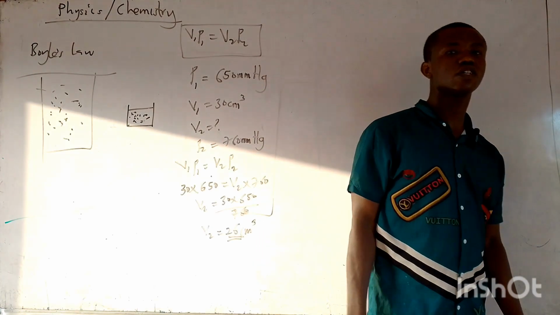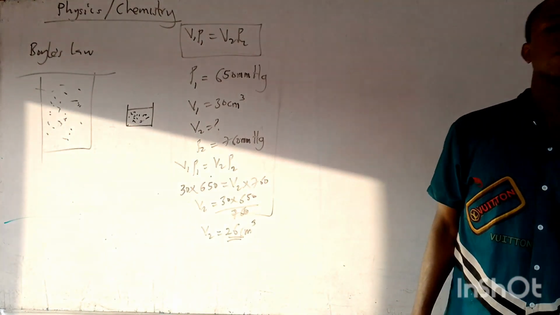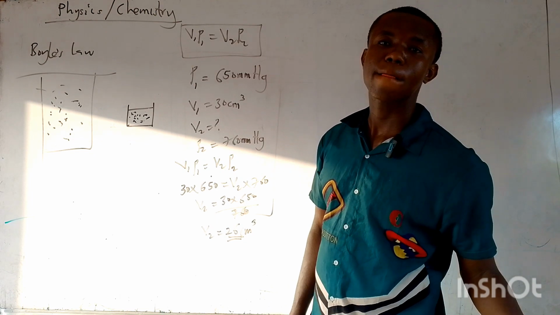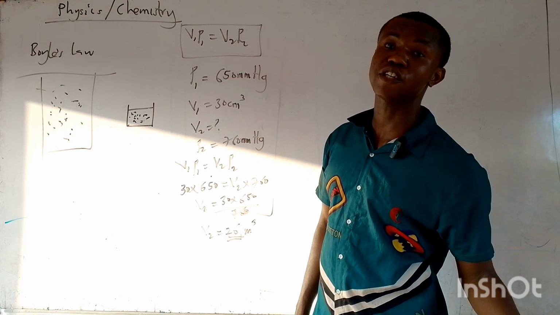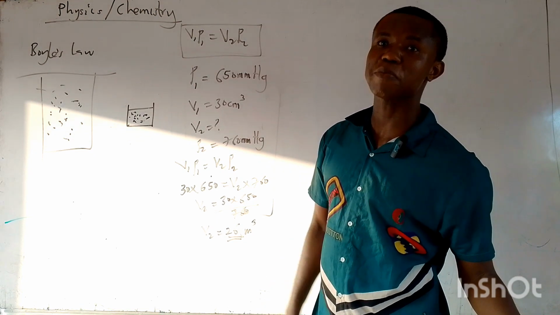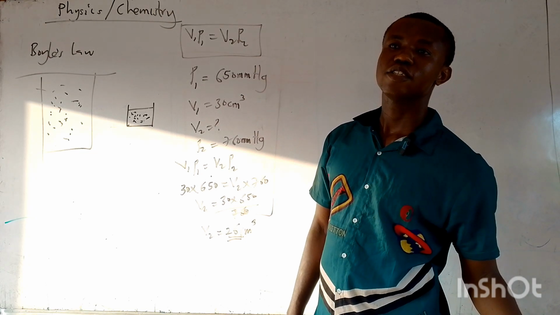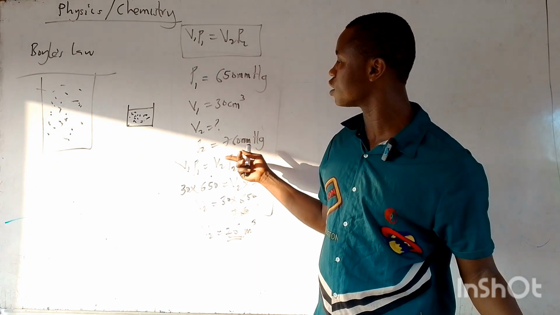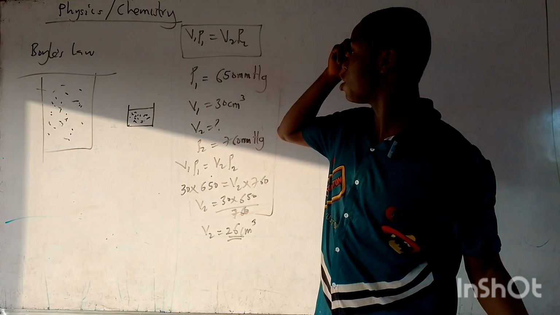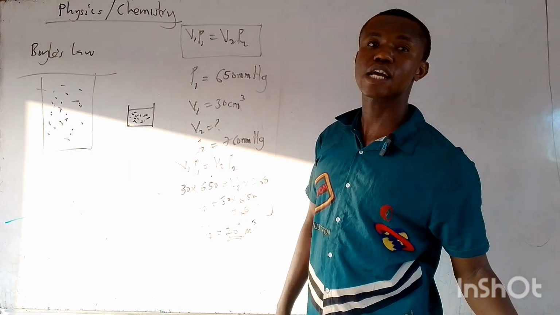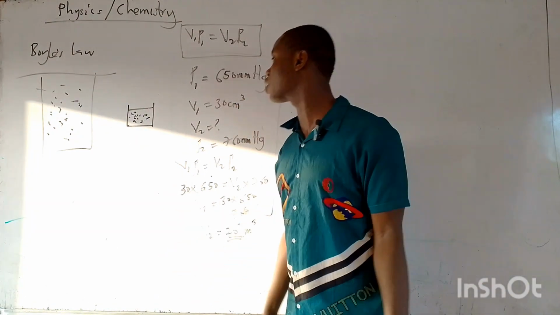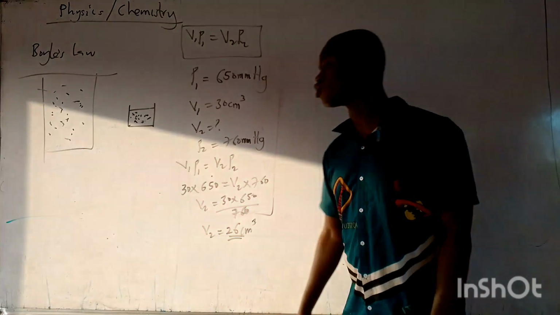They most likely will tell you that at the same temperature, it means it's constant. Maybe they tell you a gas at 30 degrees Celsius having a pressure of 650 millimeter mercury and a volume of 30 centimeter cube.